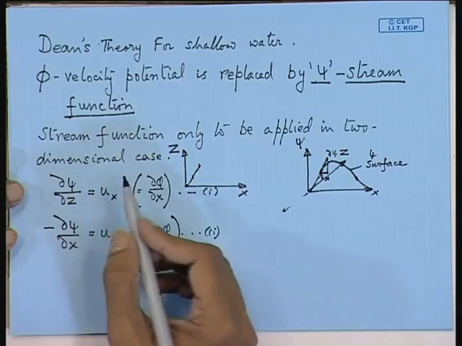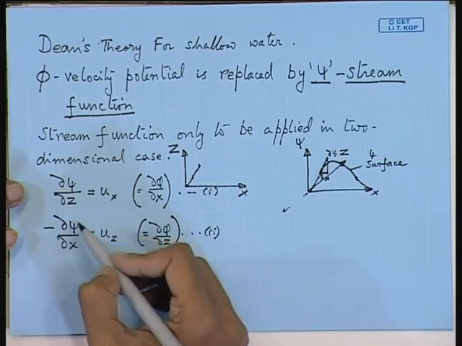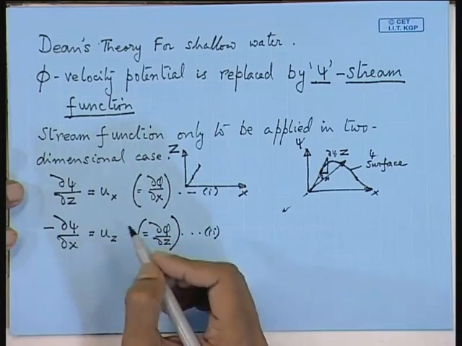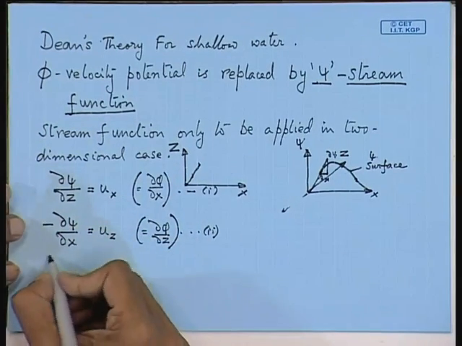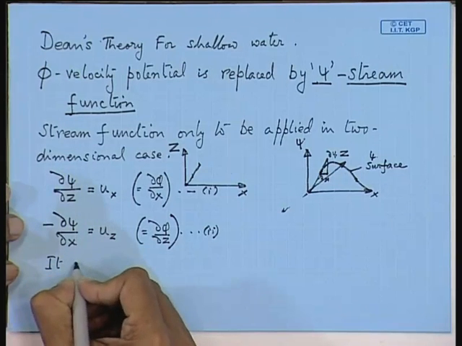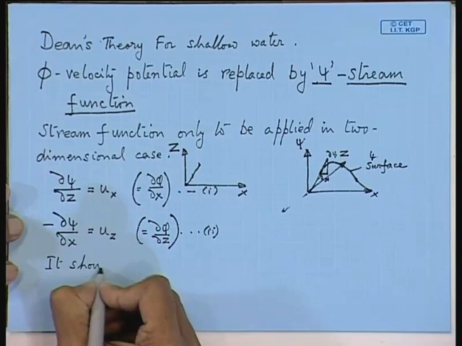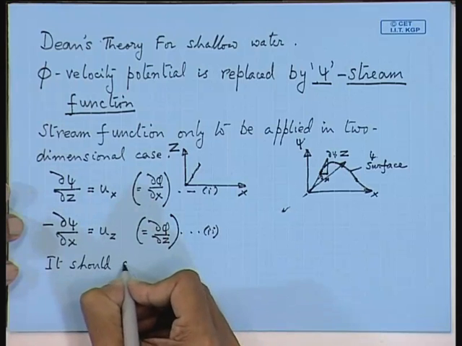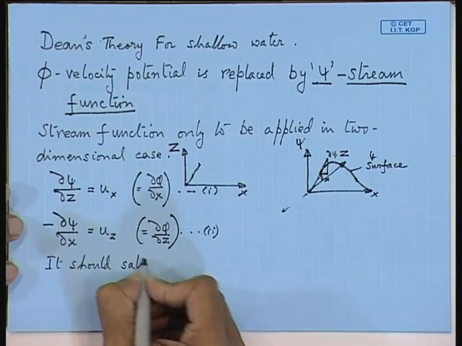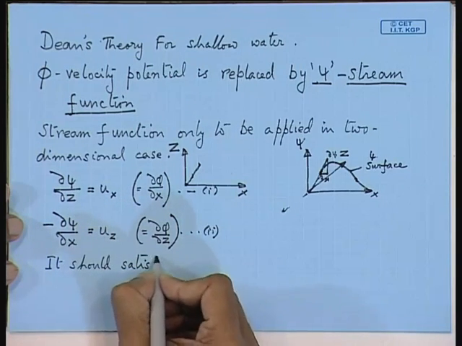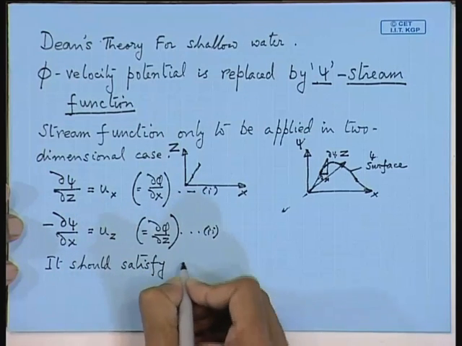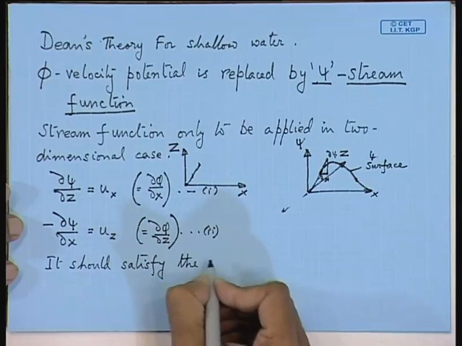Now, the reason that we have taken del psi over del z and minus del psi over del x is that it should satisfy some fundamental equation. What? Satisfy the equation of continuity.